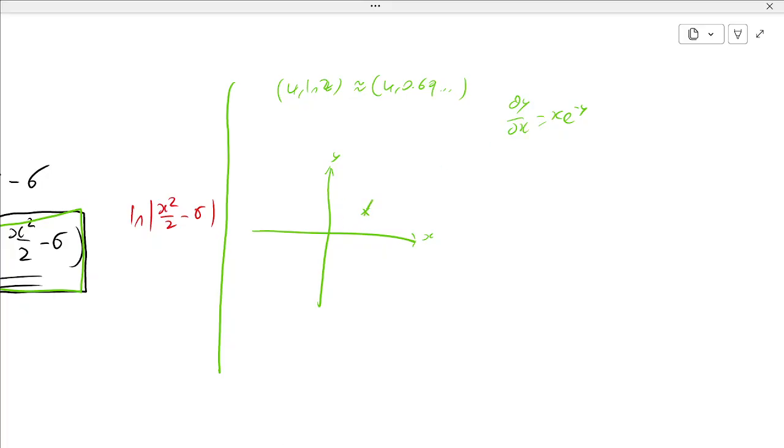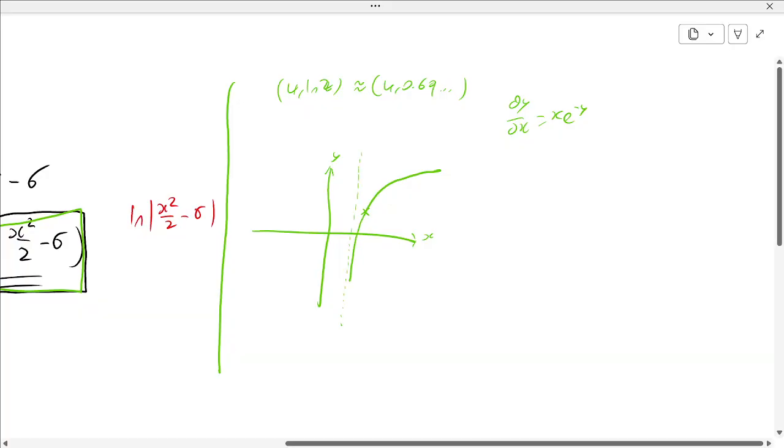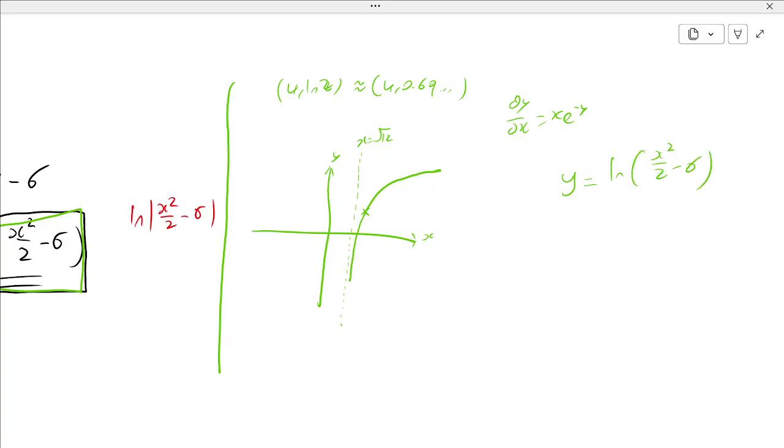It turned out the curve goes like this and goes down, and it has an asymptote here when x is the square root of 12, because we know our solution is y equals natural log of x squared over 2 take away 6. There's also another branch over here, with asymptote x equals negative root 12, but obviously we started from this point. The solution moves along this branch here.